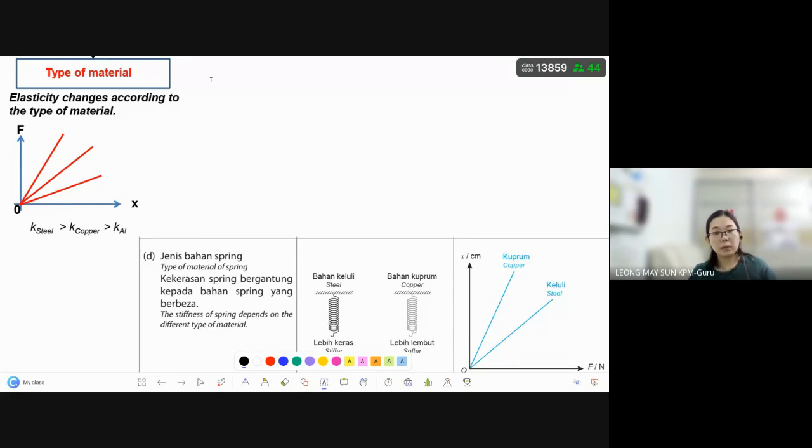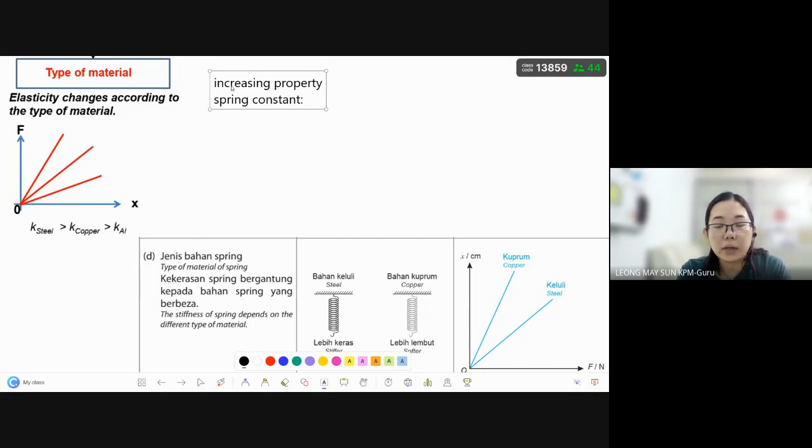So over here, what does it mean? It means that in terms of increasing property, okay, let's talk about spring constant.